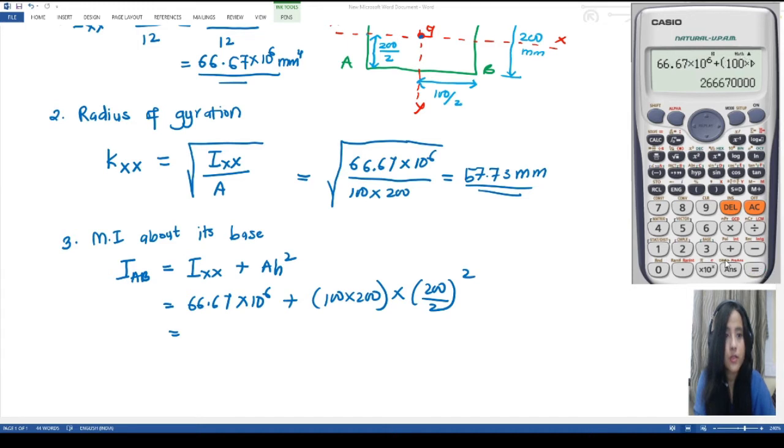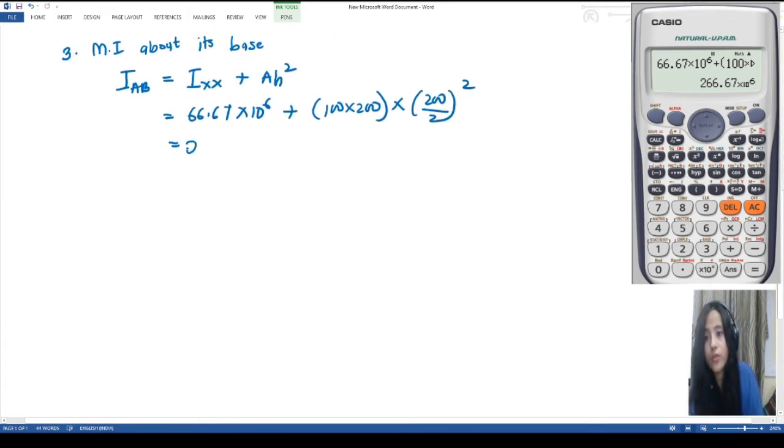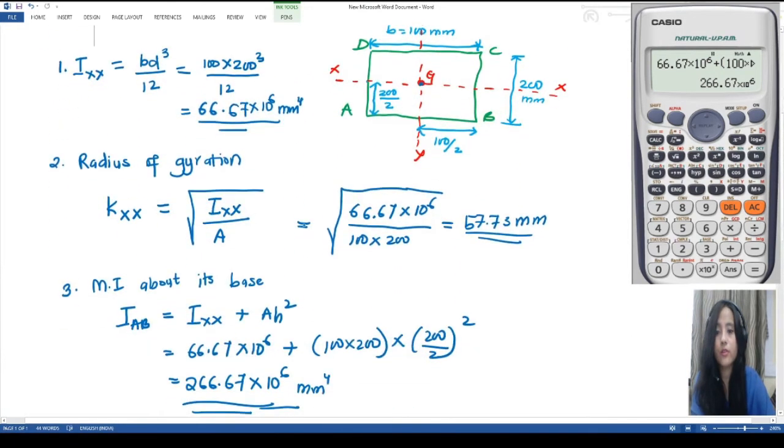So how much are we getting? We're getting 266.67 into 10 raised to power 6 mm raised to power 4. So this is my answer. I hope it is clear, this numerical also.